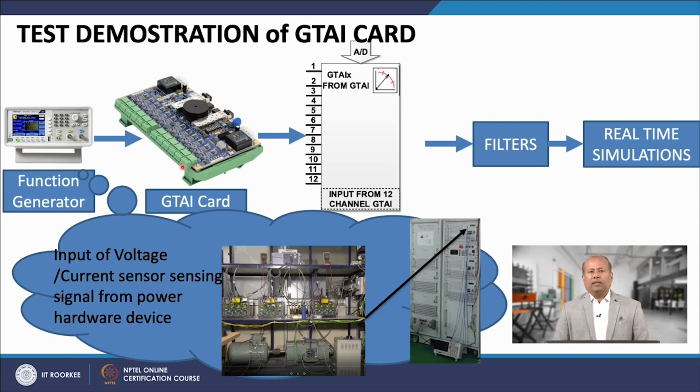This signal is reflected in the RSCAD runtime and is received by the GTAI digital input component in the RSCAD. It is to be marked that the function generator can be thought to be input of voltage or current sensor sensing signal from the power hardware device.